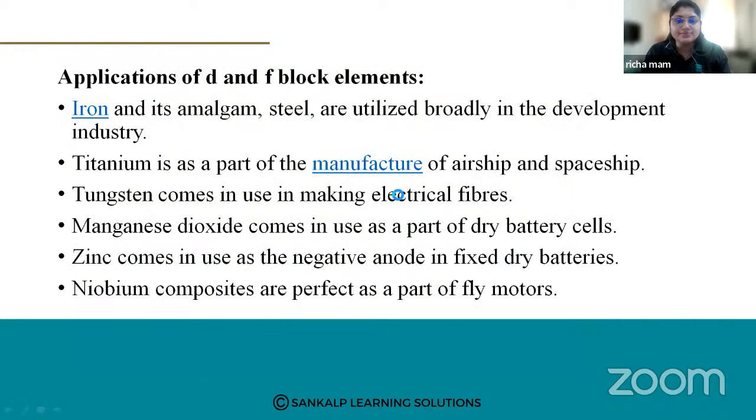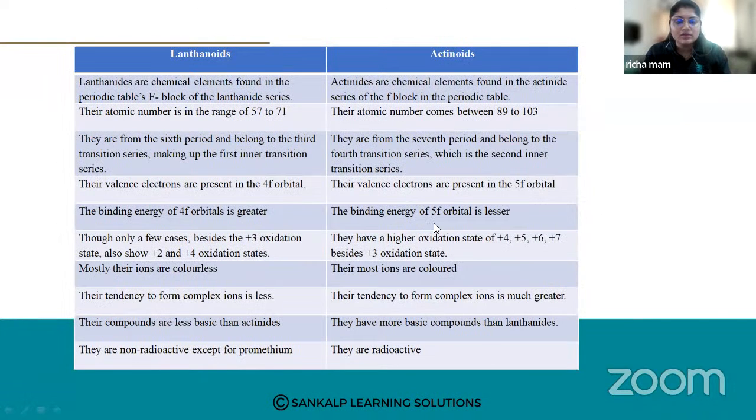Then their compounds are less basic than those of actinoids. So the lanthanoid compounds are less basic compared to actinoids, and actinoid compounds are more basic than the lanthanoids.